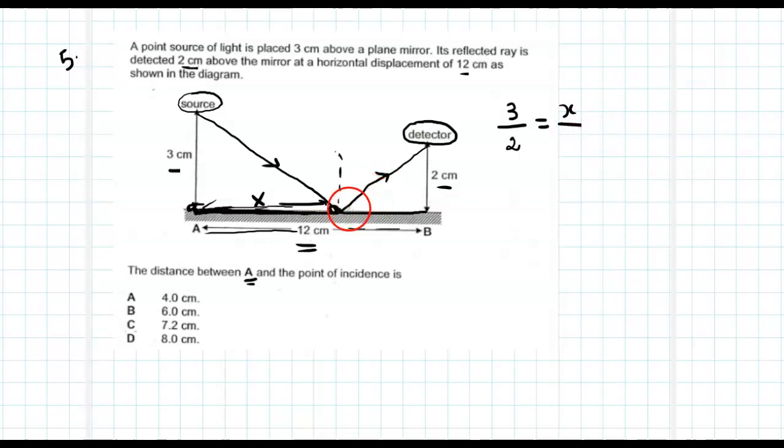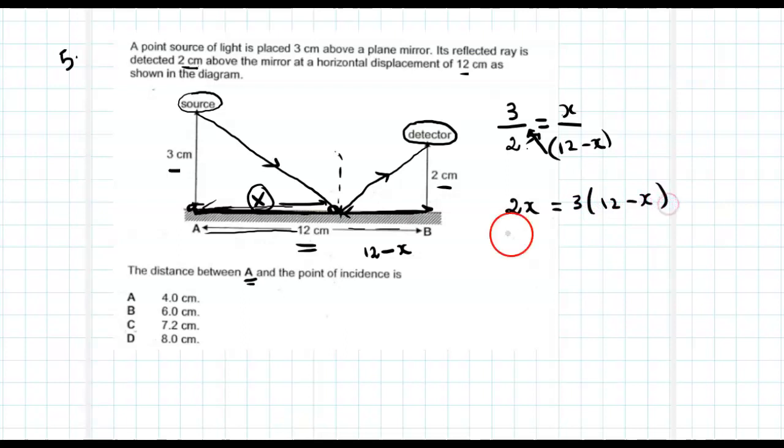Divided by, what is this length? This length is the total length minus x. So the total length is 12, and we reduce this value x, so we write 12 minus x. Now we can cross multiply. 2 times x is 2x, then 3 times 12 minus x.